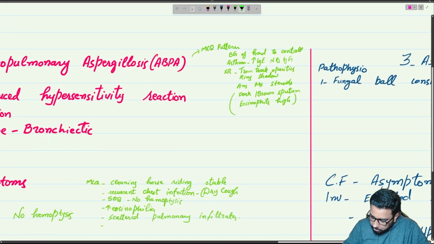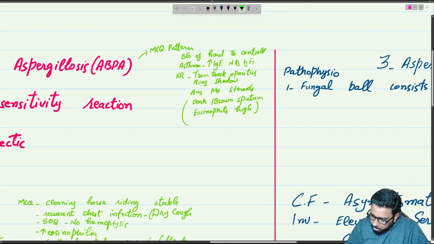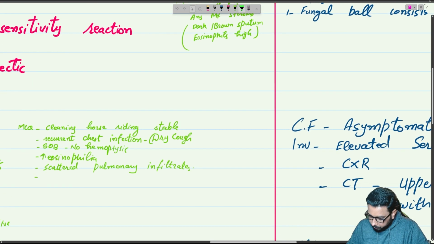So the only thing we need to take from ABPA, let's see this MCQ. The patient had a background of hard to control asthma, increased IgE, no IgG, X-rays showing tram track opacities and ring shadows. What is the management? Steroids. There can be dark brown sputum or eosinophils can be high.